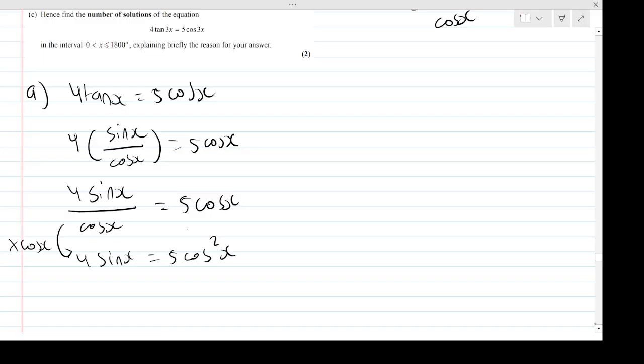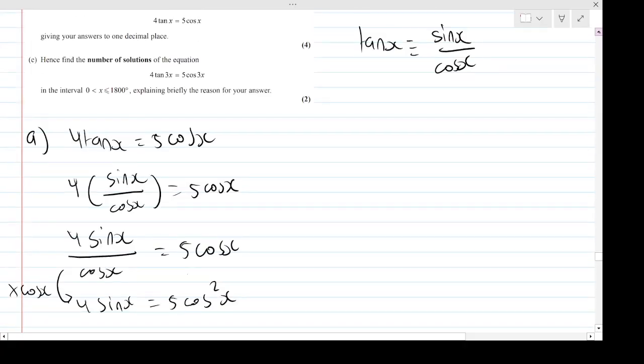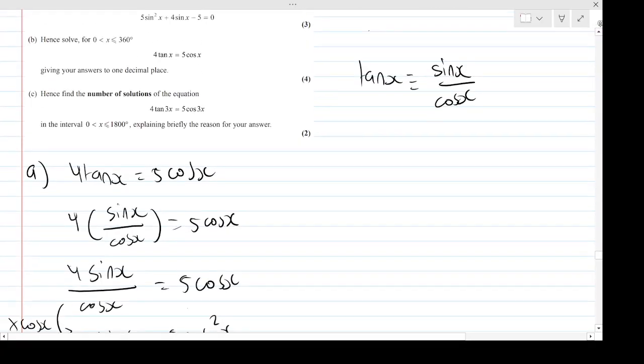Now that starts to look a lot more familiar to the examples we just did. Remember my final answer is just in terms of sine, but cos squared, remember cos squared x add sine squared x is 1.